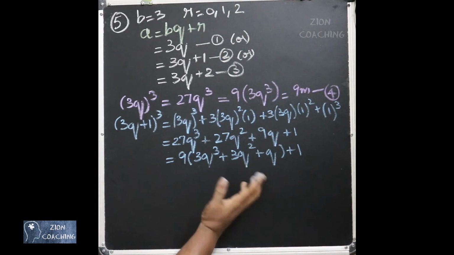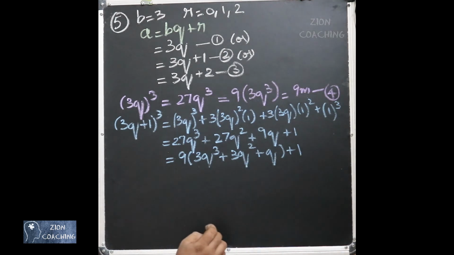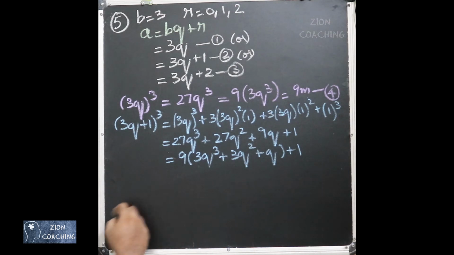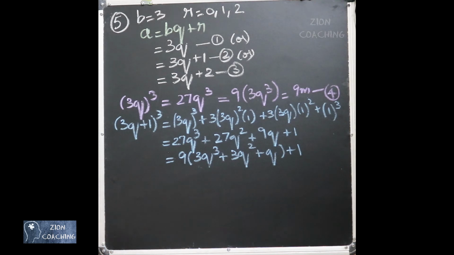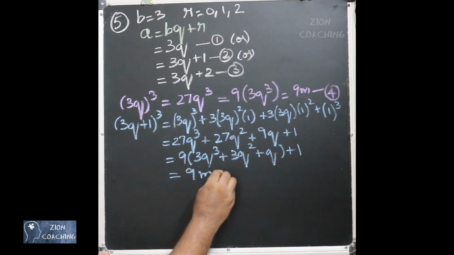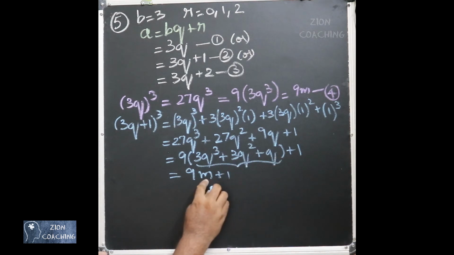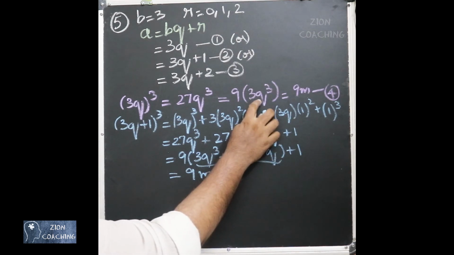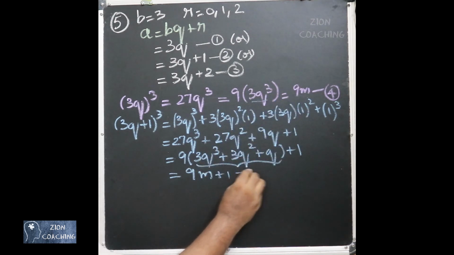That integer is represented by a variable m, as it is given in the question. So this value will be replaced by m, and it is going to be equal to 9m plus 1. We have replaced this entire thing by m, as we did here. We will take this result as 5.